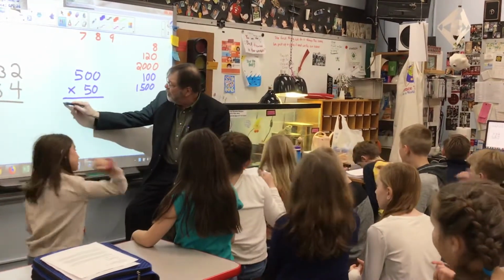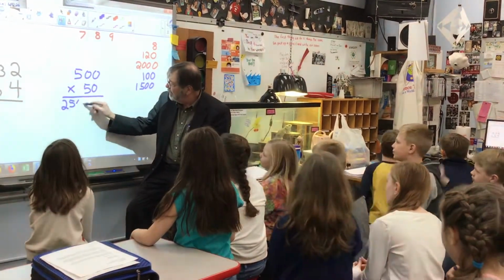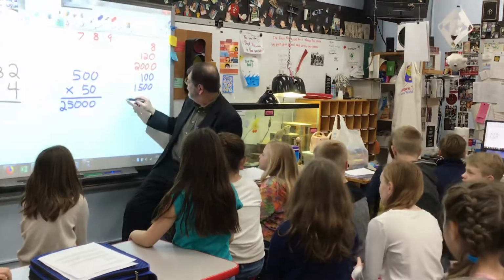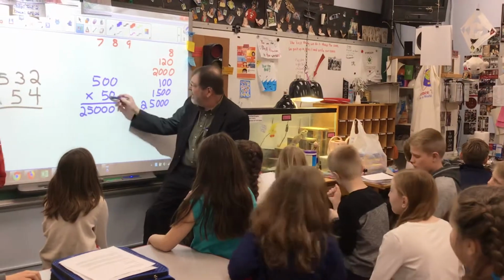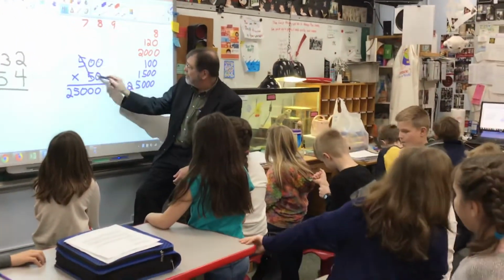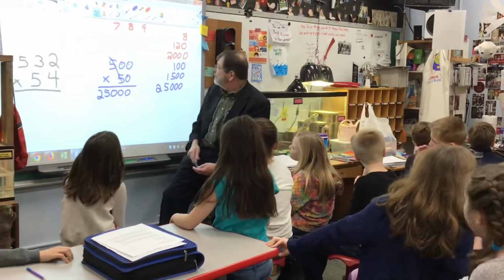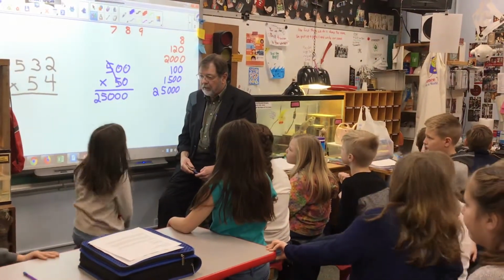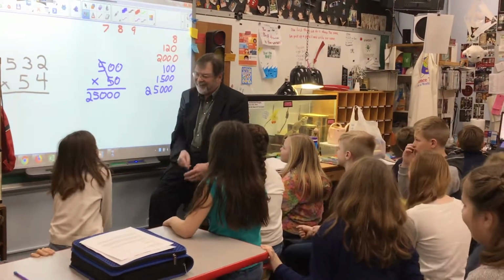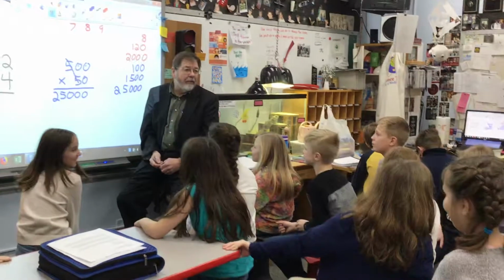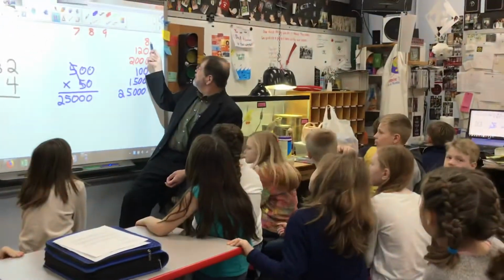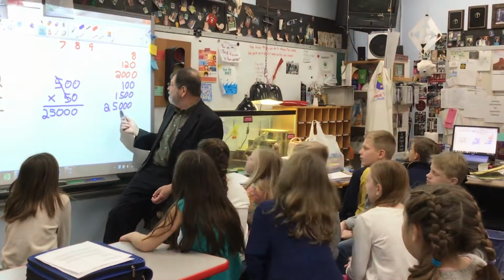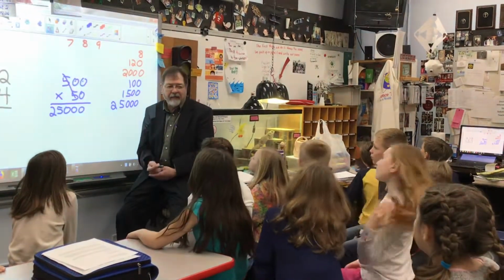How'd you get it, William? I agree. The 5 times 5 is the 25, and then 1, 2, 3 zeros. 25, 1, 2, 3 zeros. Any other problems? Okay, so far I see 1, 2, 3, 4, 5, 6 problems that we had.